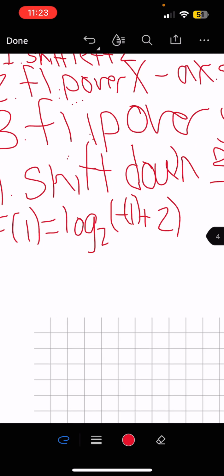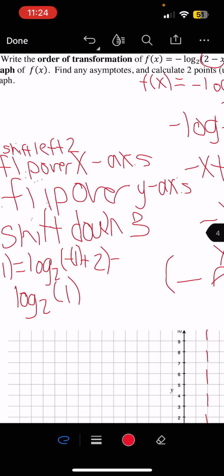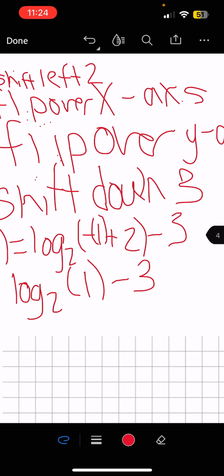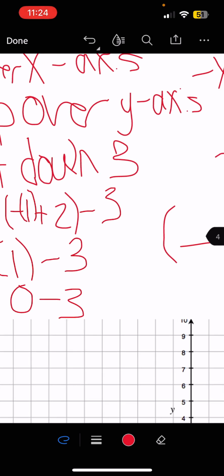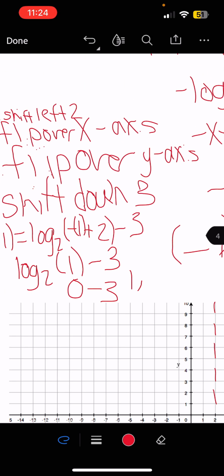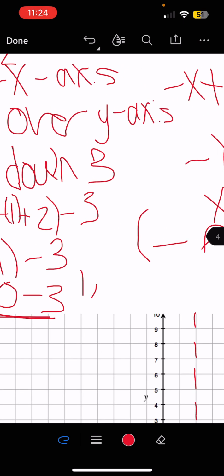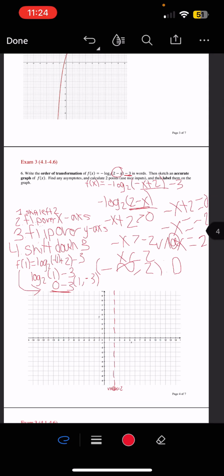And then this is going to turn into log base 2 of 1, and anything to the 1 actually just becomes 0. So you're going to just be left with negative 3, right? 0 minus 3 is negative 3. So that's one of our points, because you have your x, and then you just found your y here, because f of 1 is going to equal negative 3.